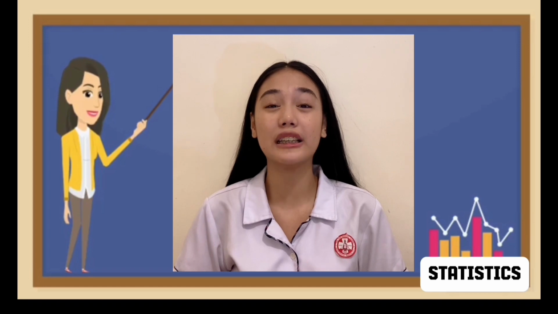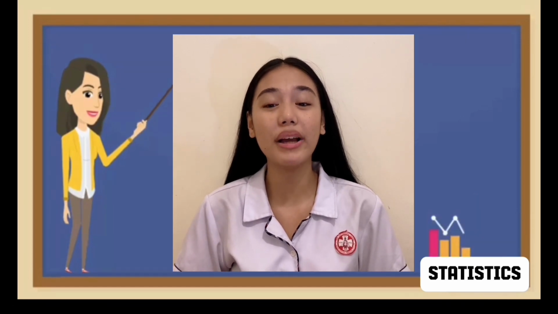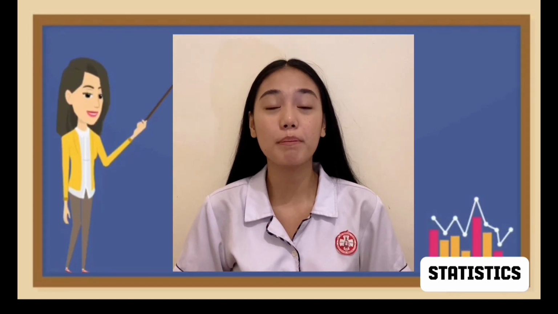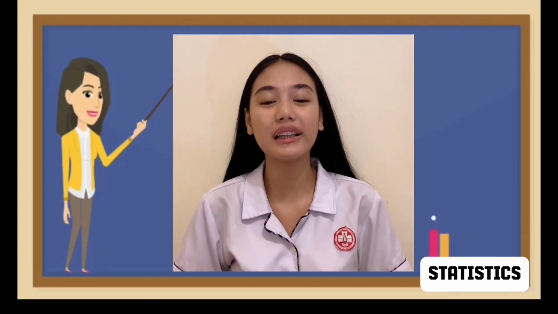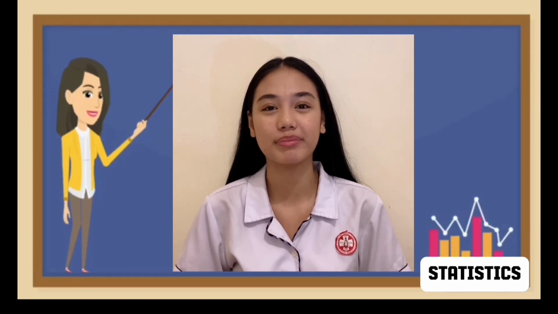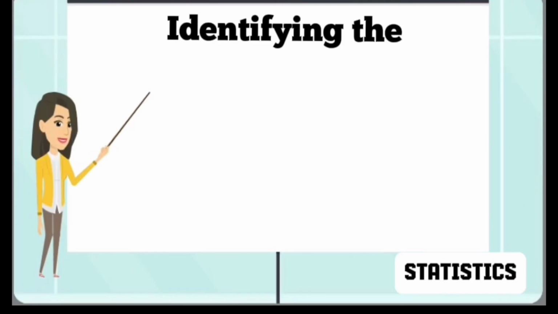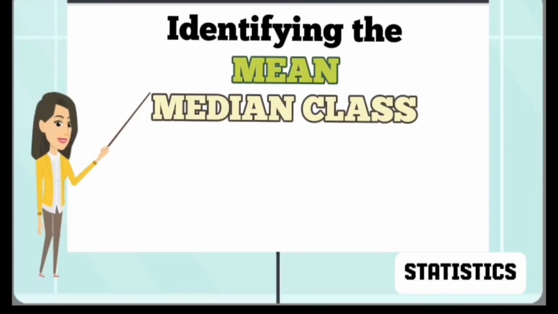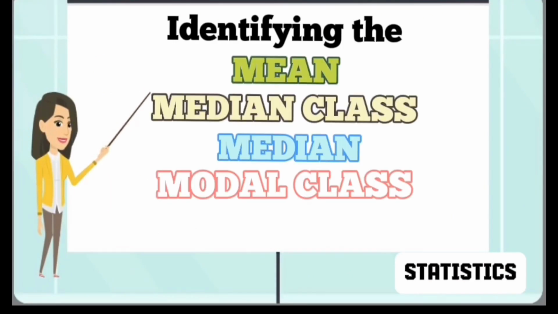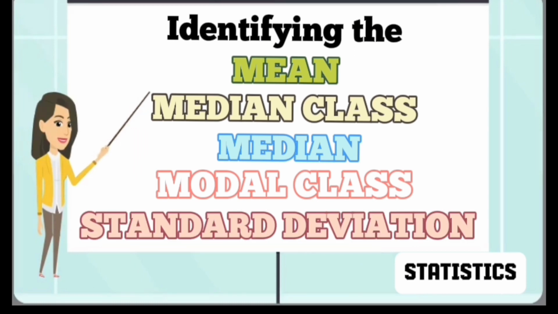Using the results in the distribution table, we can now identify our data set's mean, median class, median, modal class, and standard deviation.